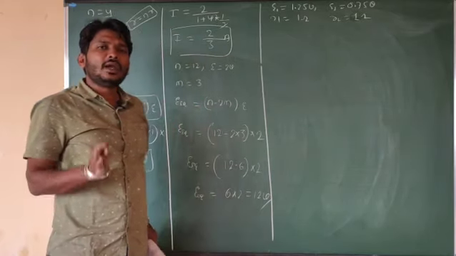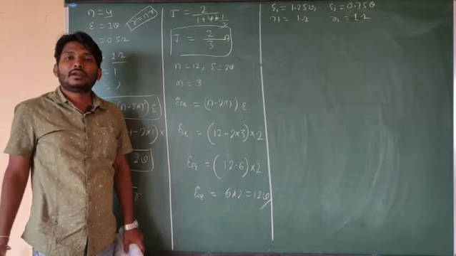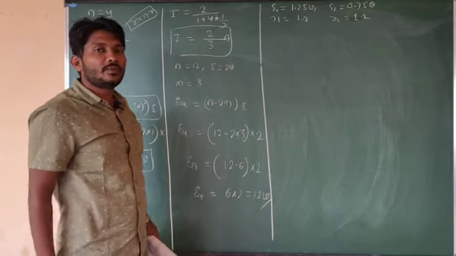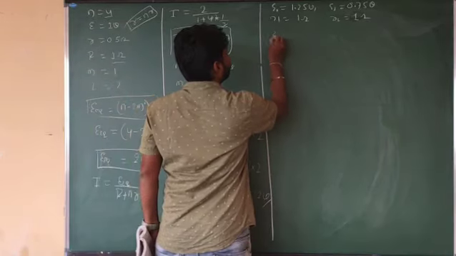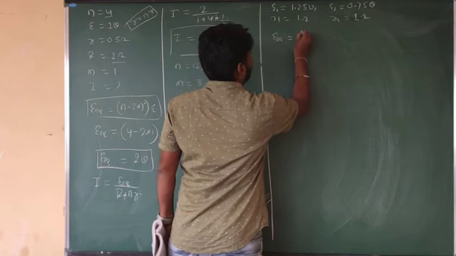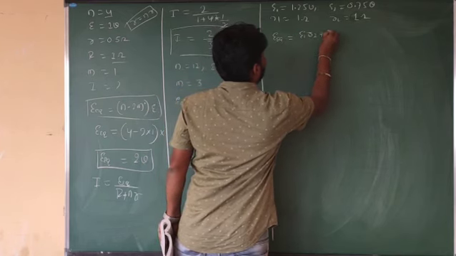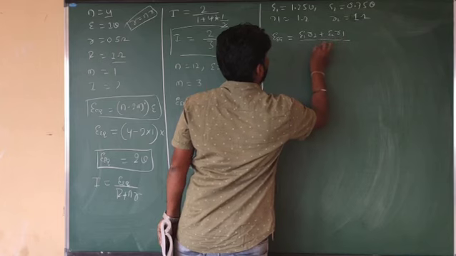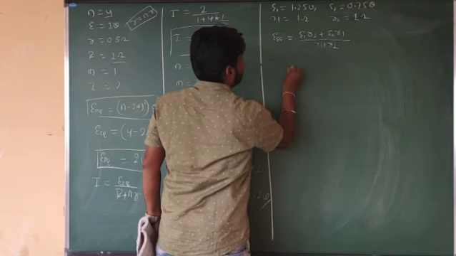What is the equation for effective EMF when 2 or more cells are connected in parallel combination? Do you remember that formula? E1 into R2 plus E2 into R1, divided by R1 plus R2.